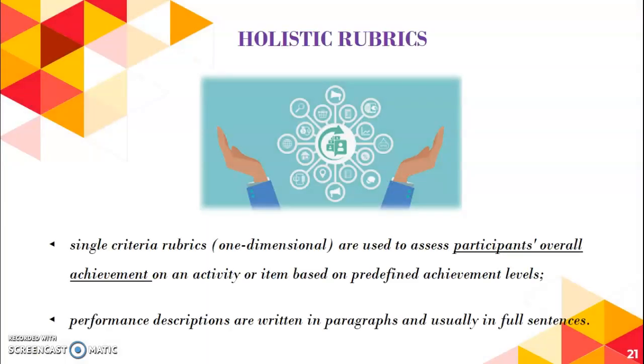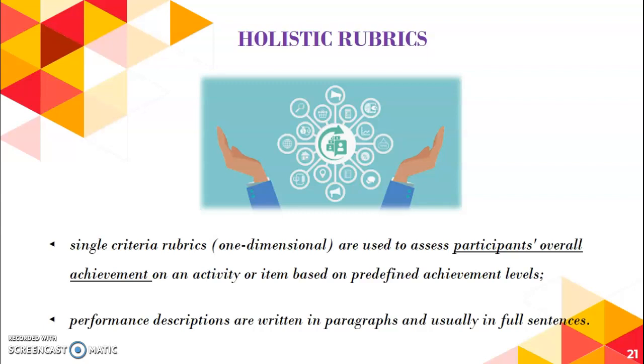So we're going to start with holistic rubrics, and we can say that they are single criteria rubrics. They are one-dimensional, and they are used to assess students' overall achievement. They are achievements in general.